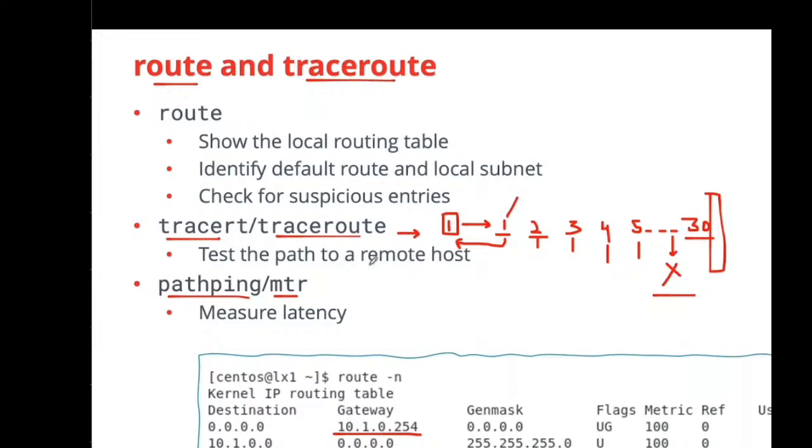We need to test the path to a remote host. That is where we use tracert or traceroute. Then there is pathping that measures the latency and the packet loss along the route over a long measuring period, and the same work is done by MTR.